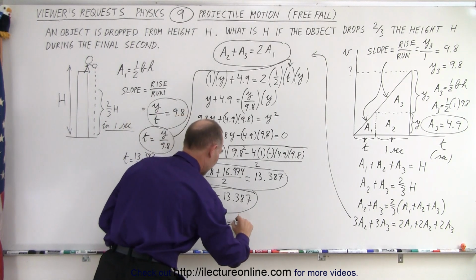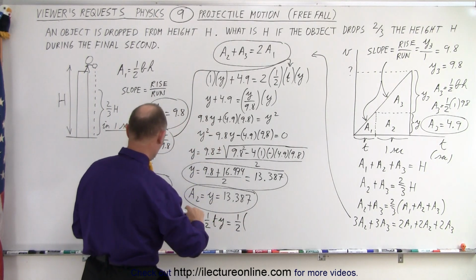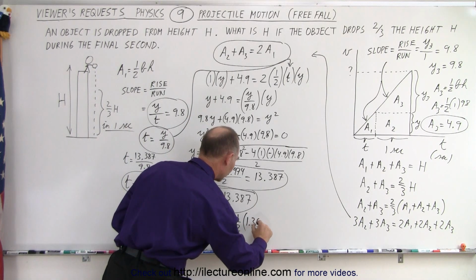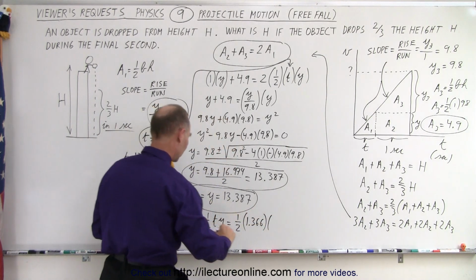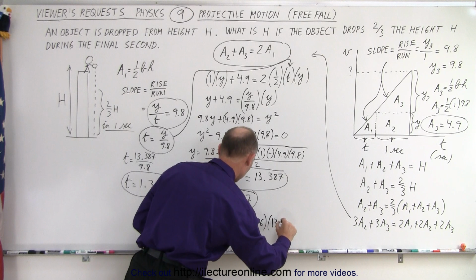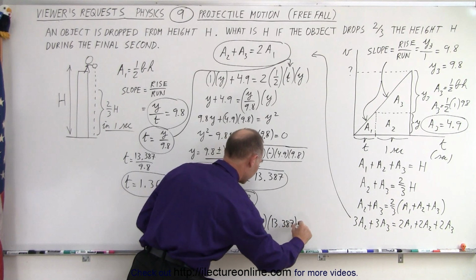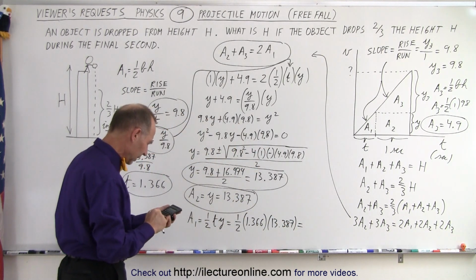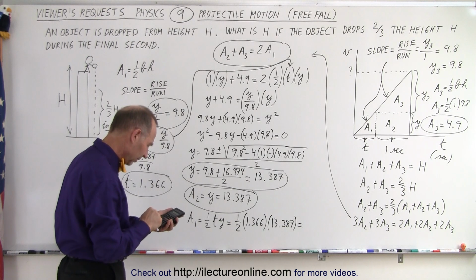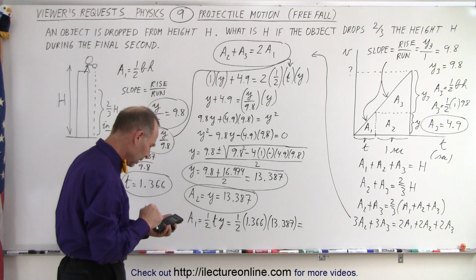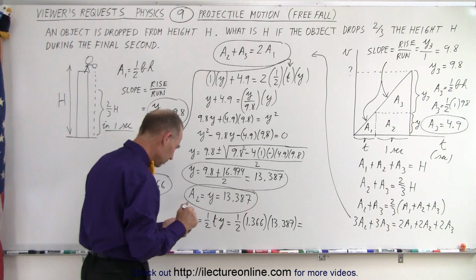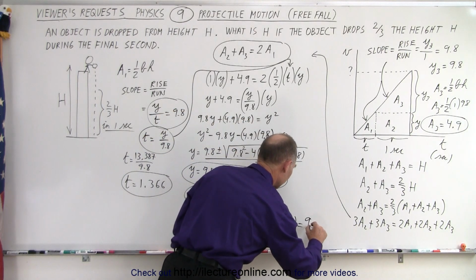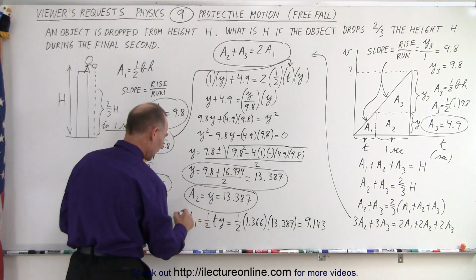So that would be equal to 1/2 times t, which is 1.366, times the height, which is y, which is 13.387. So multiply that times 1.366, divide by 2, and I get a value of 9.143. So this is equal to A1.